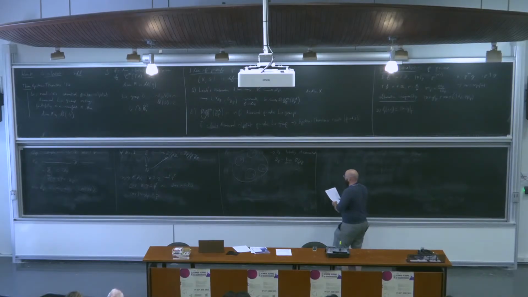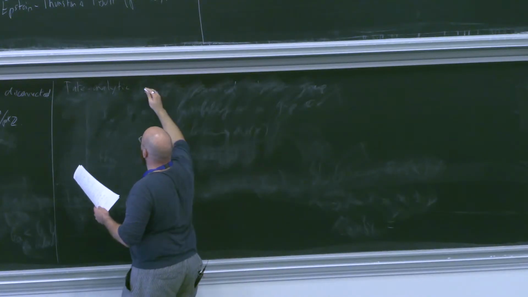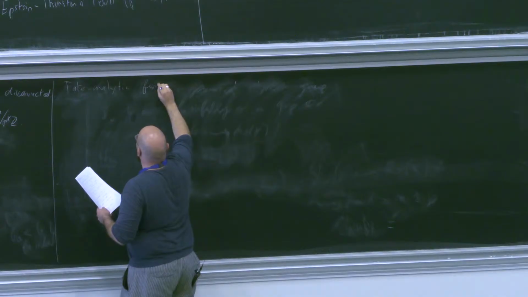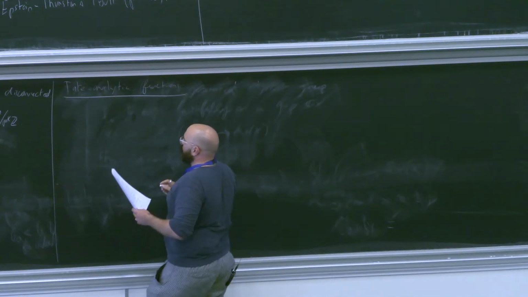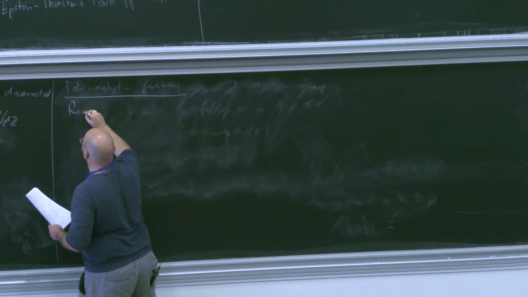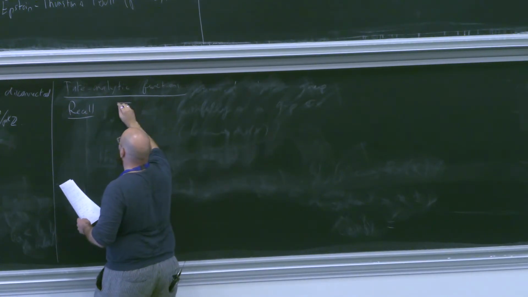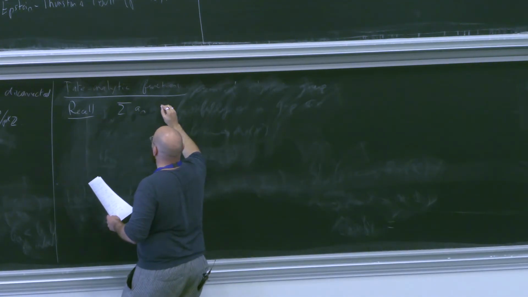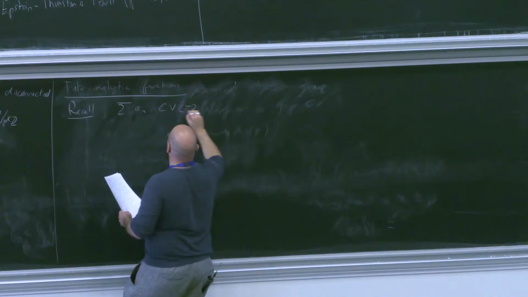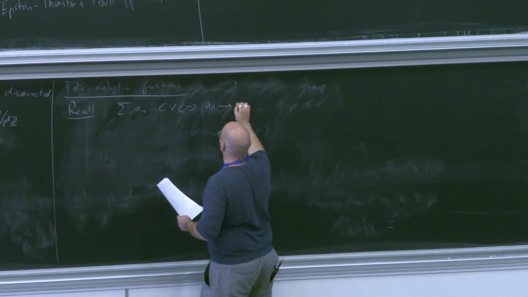Okay, so now I want to talk about Tate analytic functions. Now we have a complete space over which we can do analysis. The first thing you should recall is that if you have a series in Z_p, or even in Q_p, this series converges if and only if the general term tends to 0.